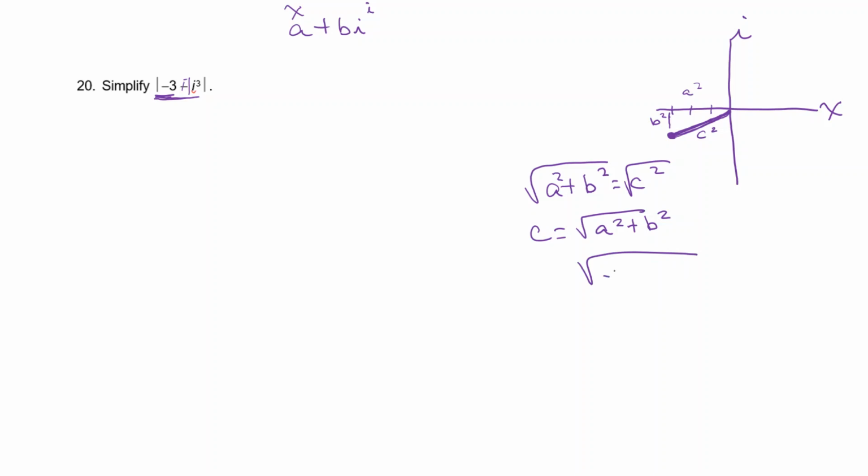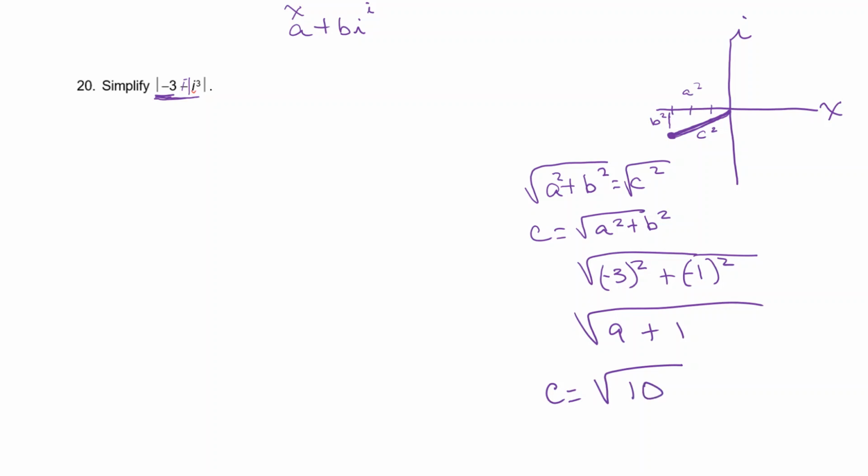So that's going to be -3 squared plus our b, I just went down -1 squared. So I end up with -3 squared is 9 plus 1. So c equals the square root of 10. So my answer is just the square root of 10. The absolute value is the square root of 10.